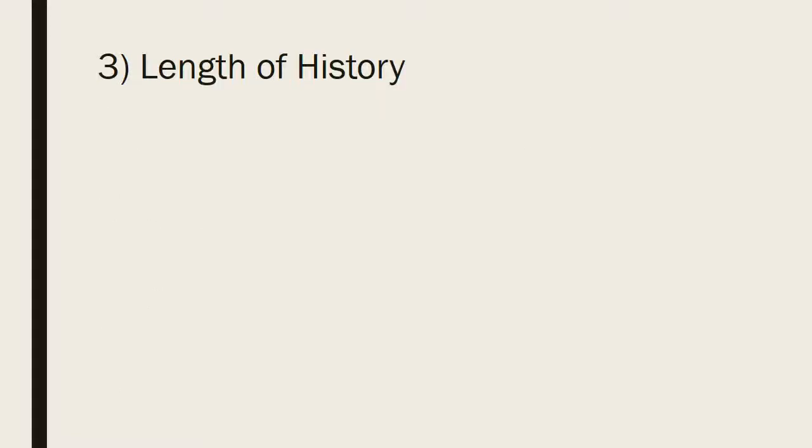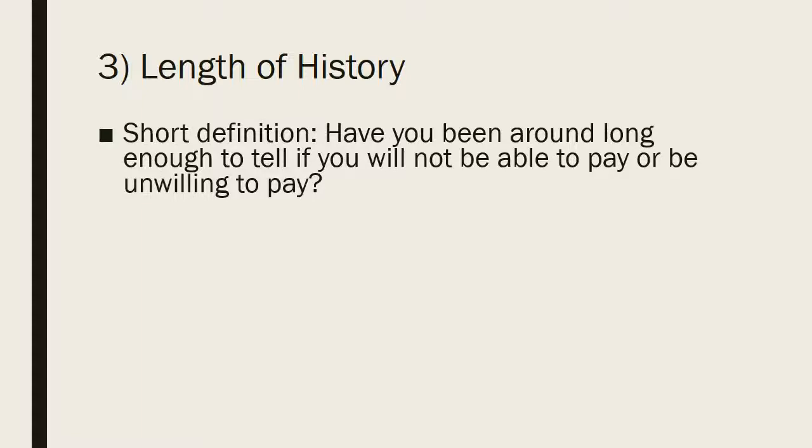Now with length of history, the short definition of length of history is like, have you been around long enough so that we can tell if you're going to pay or be unwilling to pay? So back to my example from middle school, I didn't have any experience or knew of any experience lending $2 to this individual, and so the length of history, credit history, is extremely short.